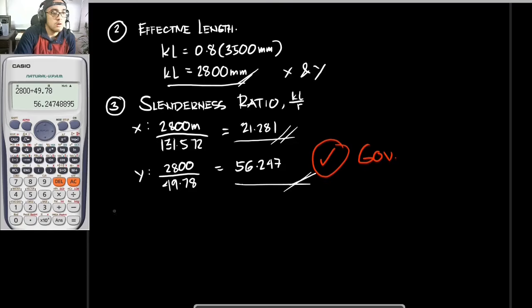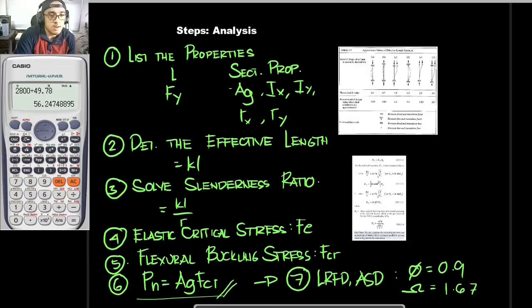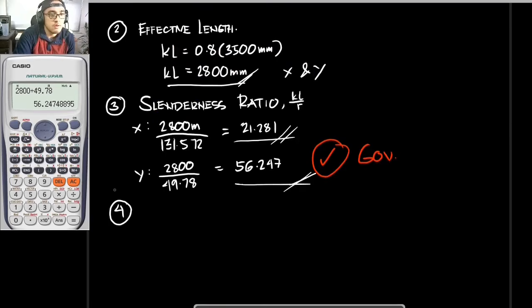So for step 4, ano na yung step 4 natin kanina? We are to solve for the elastic critical stress. So ito. So Fe is equal to pi squared E over slenderness ratio squared. So KL over R squared.